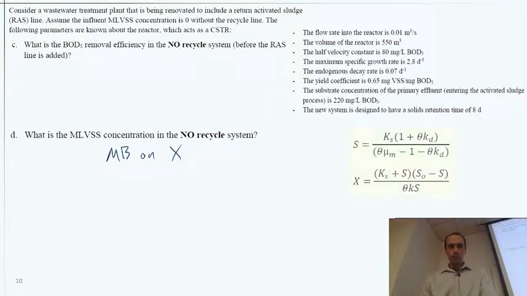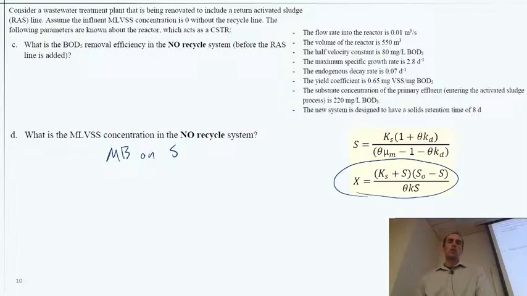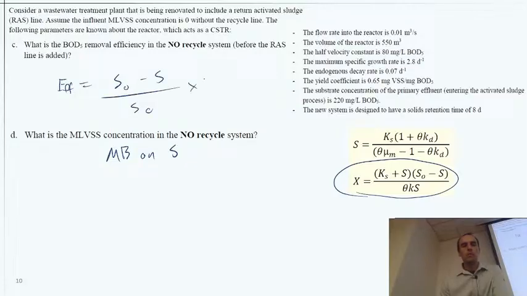Yeah. Mass balance on S to get X. Okay, and the efficiency, of course, would be a simple efficiency calculation.